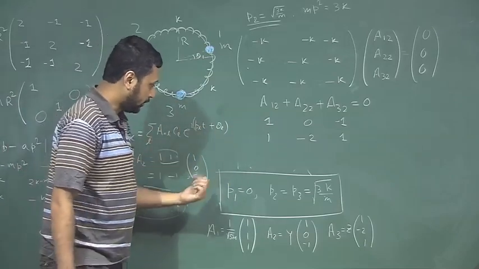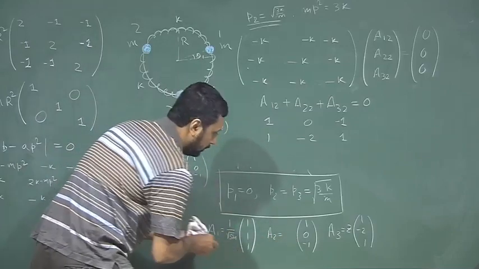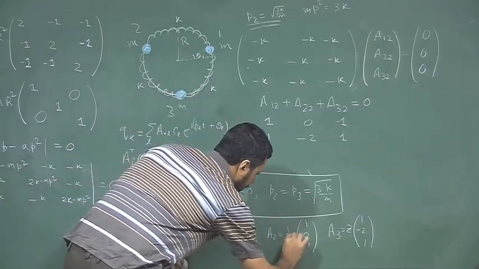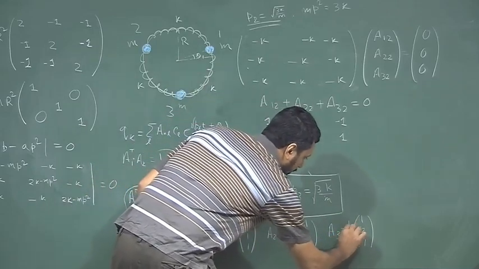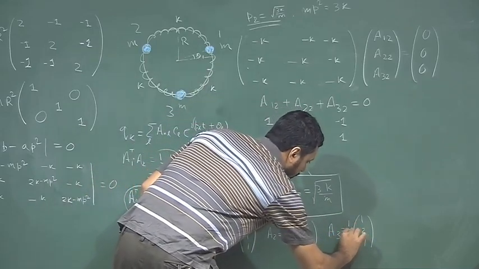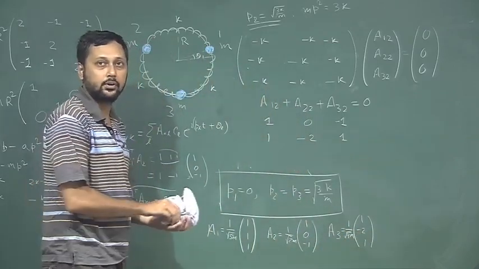Now, for normalization, the normalization factor of this will be 1 by root 2m, whereas for this it will be 1 by root 4m. So, we have, sorry, it is not visible.